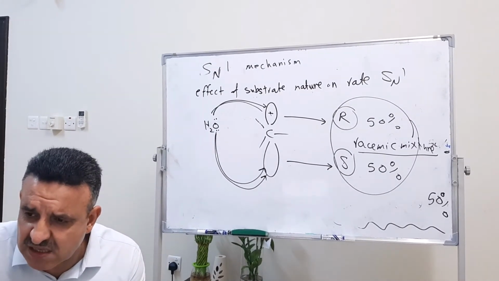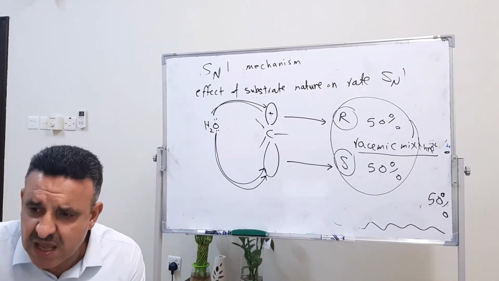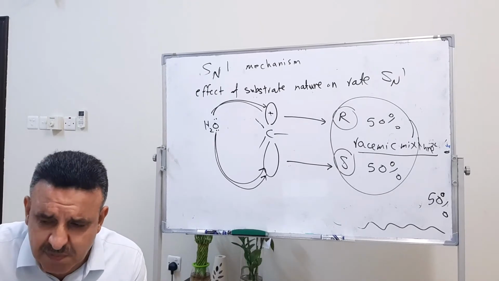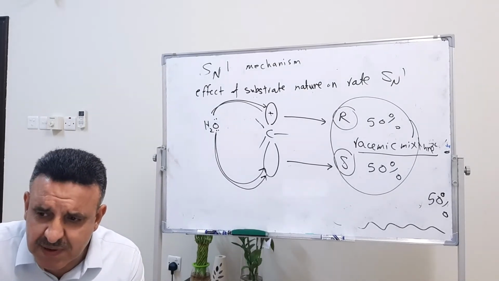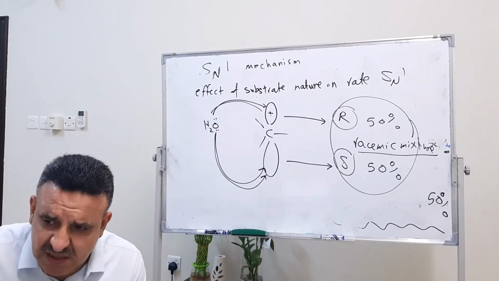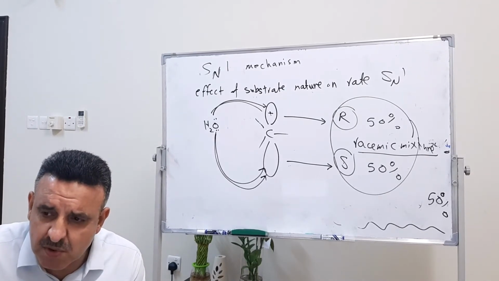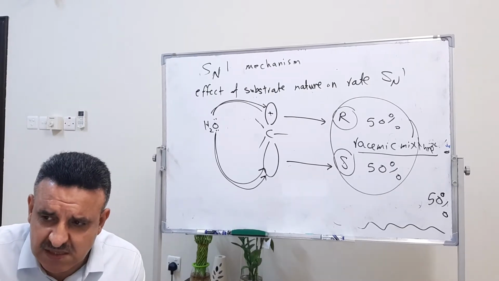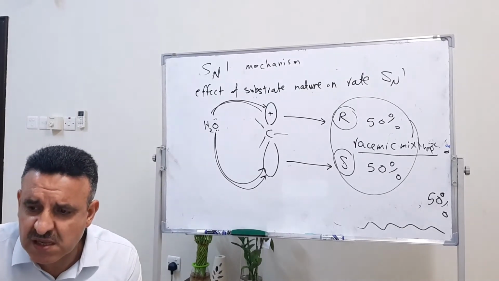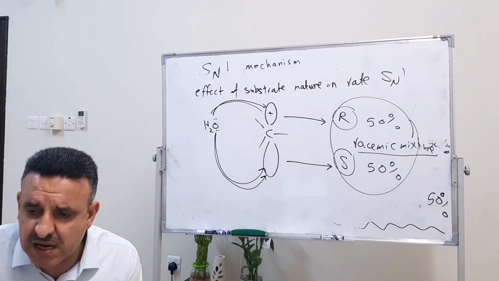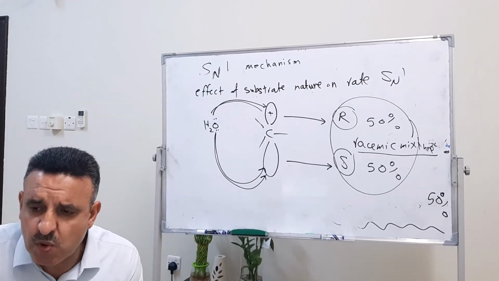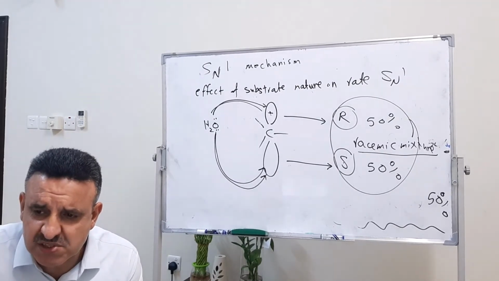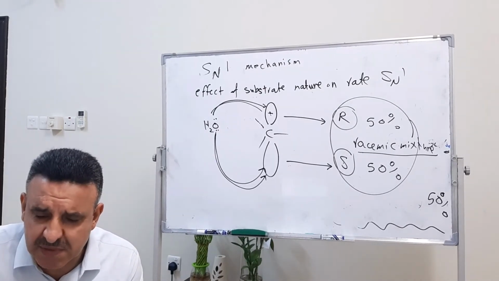Tertiary is more stable than secondary, more than primary, more than methyl. We have explained that before, haven't we? We did explain the stability of the carbocation. Why is tertiary more stable than secondary, more stable than primary, more stable than methyl?